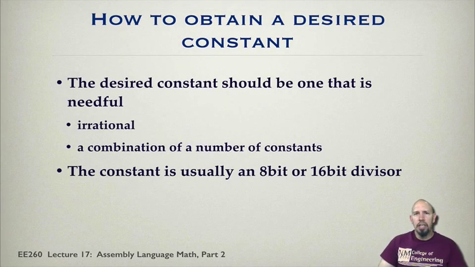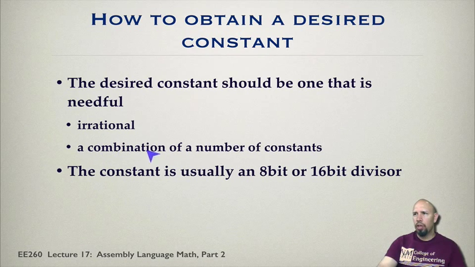Now, if you had a particular number and you wanted to find a ratio, how would you do that? In general, you would want to find a constant. For example, it can be an irrational number that you're working with for which you need a constant. Obviously we can't implement an irrational number anyway, so it's good to get a ratio to describe it.